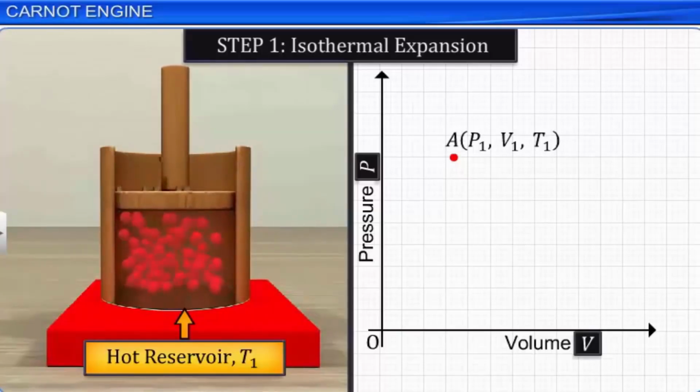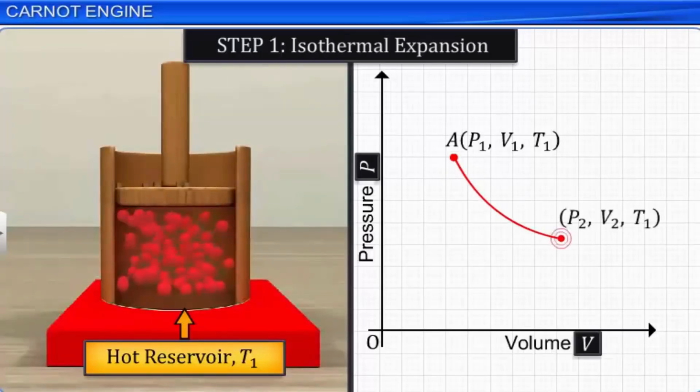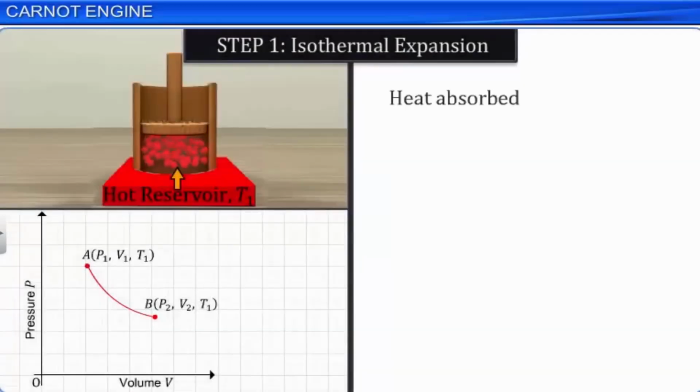Let the heat absorbed by the gas be Q_AB and the work done by the gas be W_AB. For an isothermal process, there is no change in the temperature of the system, and hence the change in the internal energy is zero.